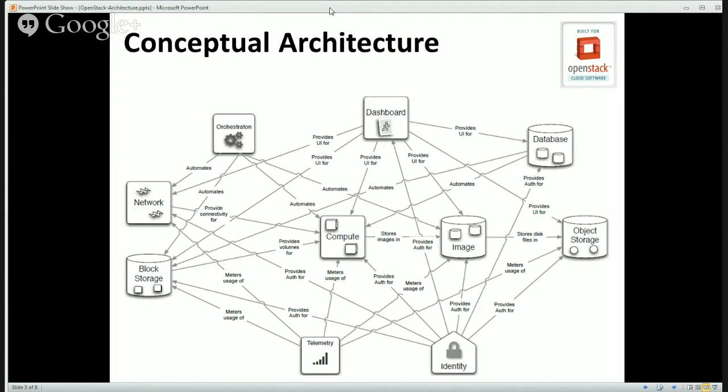If you look at the dashboard, it simply provides a UI for networks, a UI for block storage, a UI for the compute project, a UI for the Glance project, and a UI for your database. If you look at the network piece, it provides connectivity and talks to Nova. So any VMs that you are spawning on the compute nodes, for the networking piece, Neutron or this network block is responsible. And at the same time, this network piece talks to the identity to make sure the user has been authenticated.